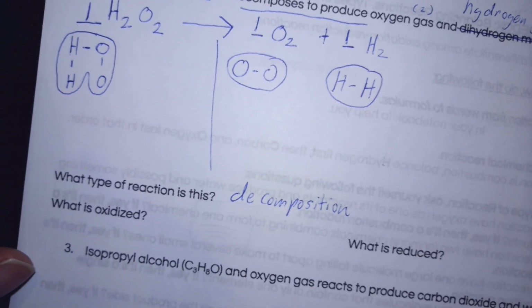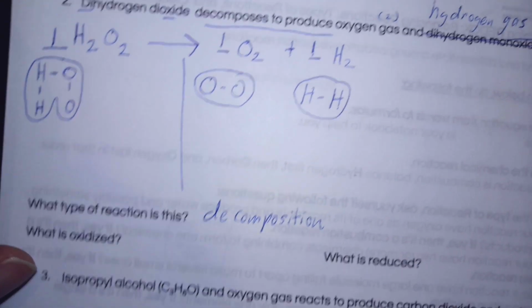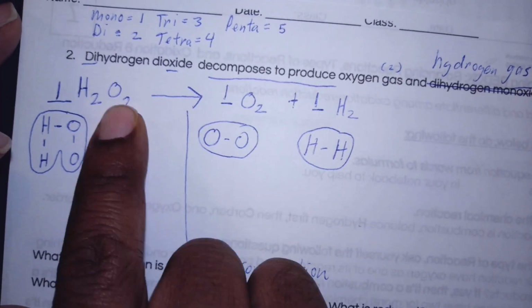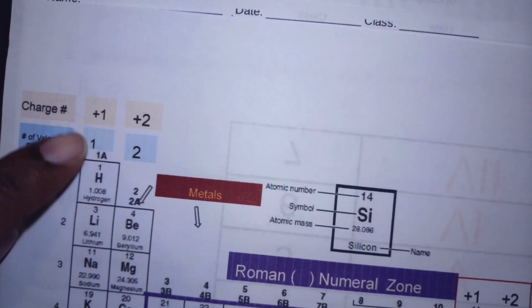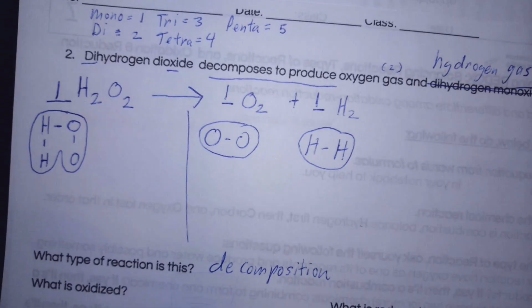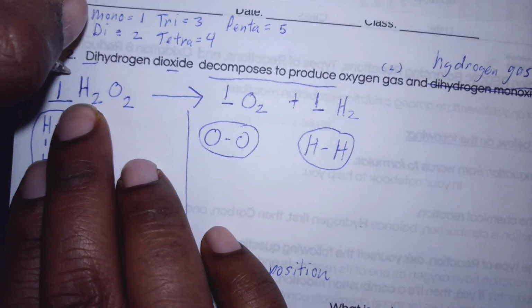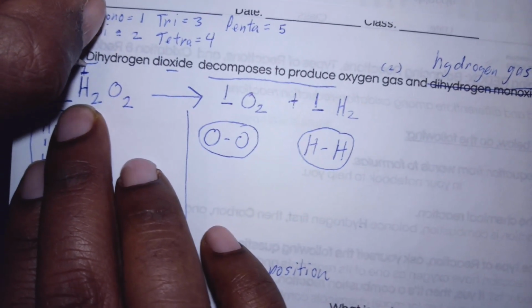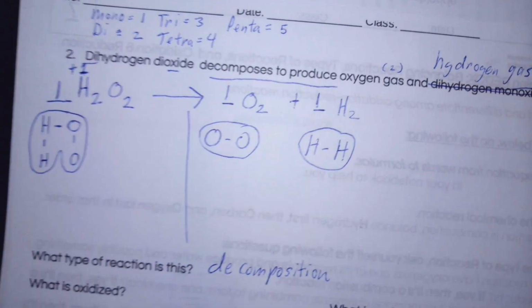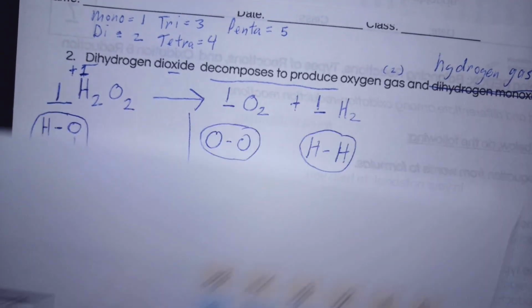Okay, so now the last step is what is oxidized, what is reduced. Okay, so think about the charges from the periodic table. Hydrogen, when it gets with nonmetals, wants to act like it's a metal. Hydrogen has a charge of +2 or +1. And we're not going to worry about specific charge numbers and stuff.